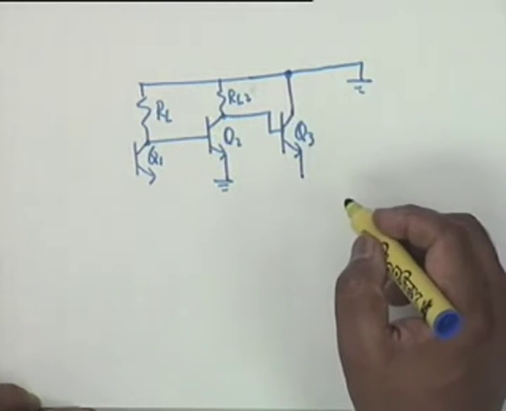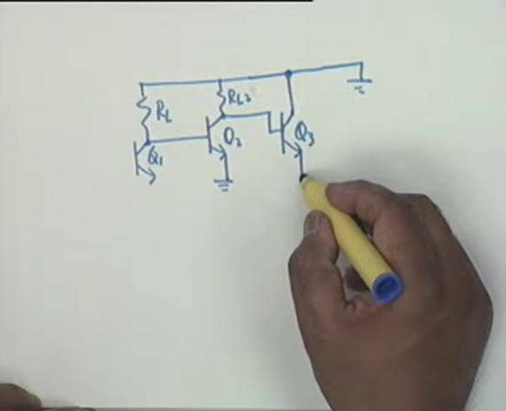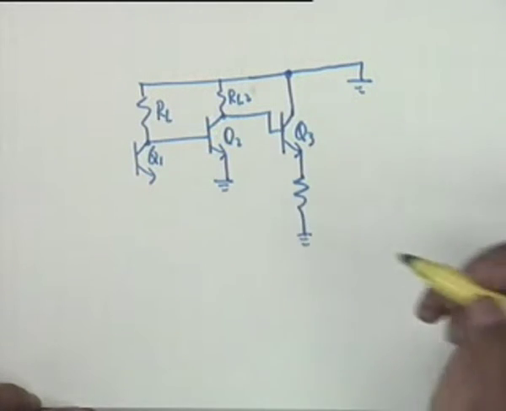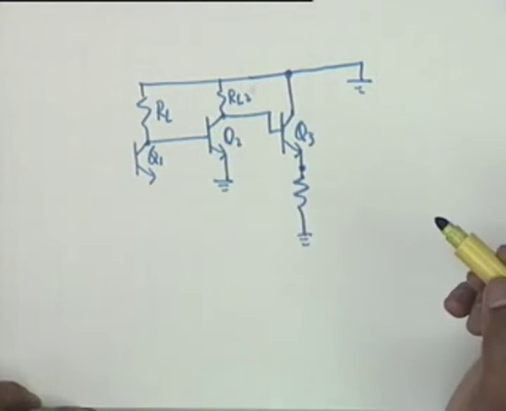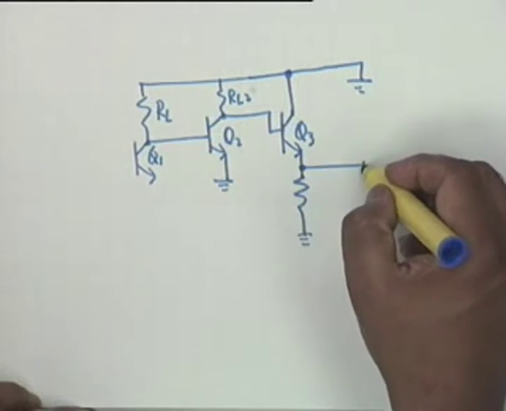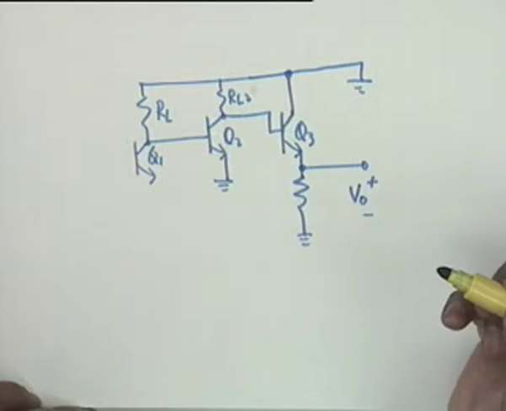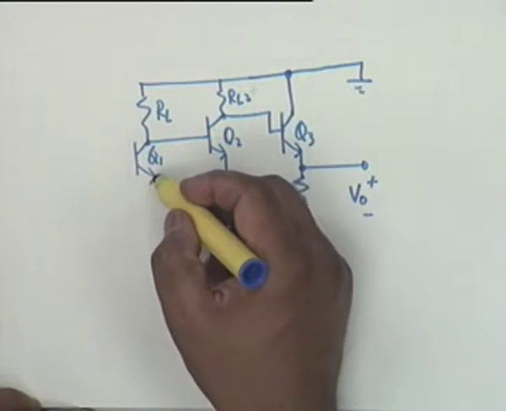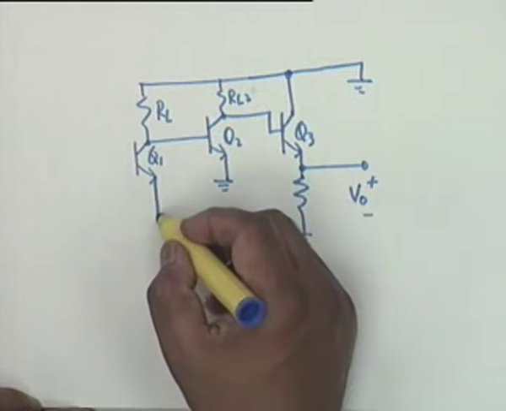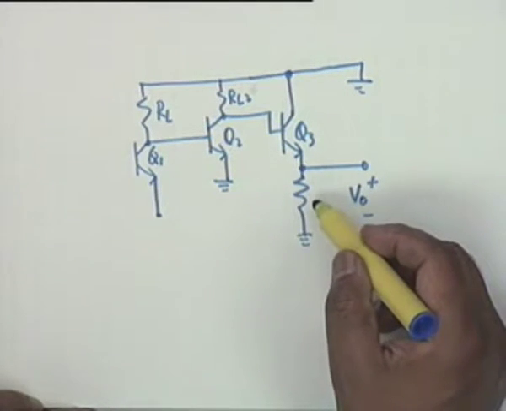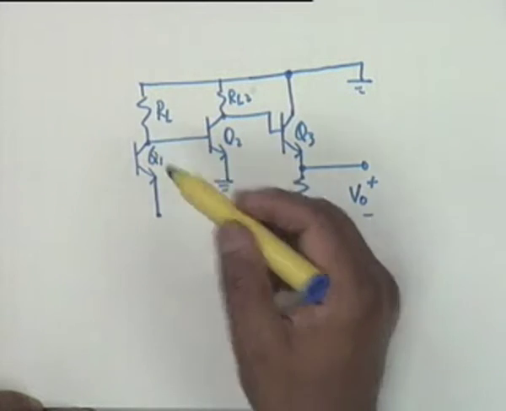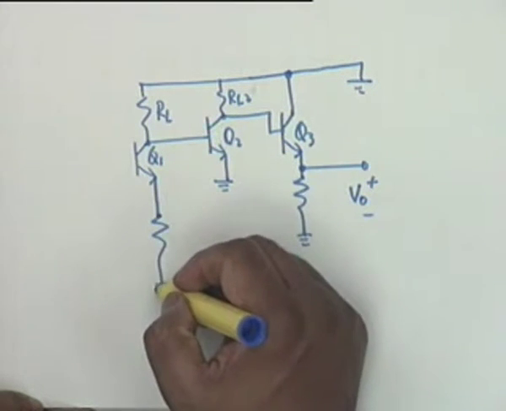and the feedback is derived from the unbypassed emitter of Q3. It is a common collector stage, so the output voltage is here, and this is your voltage V0. The feedback is applied through a resistance from the unbypassed emitter of Q3 to the unbypassed emitter of Q1.